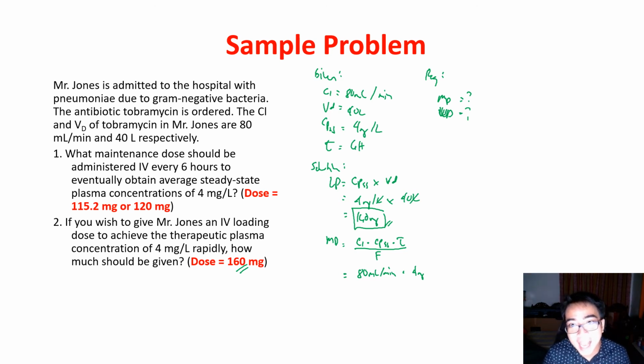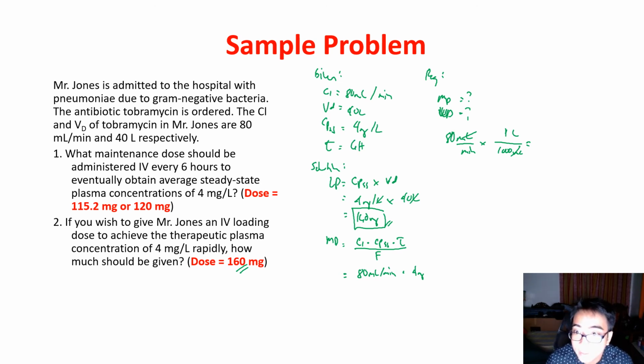Okay, in my case, class, I prefer to convert my 80 ml per minute into liters per minute. So dito natin ilagay sa isang side. So, 80 ml per minute, that's equivalent to 1,000 ml is to 1 liter. So that's 80 divided by 1,000.